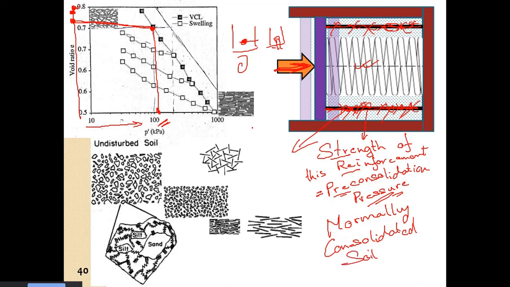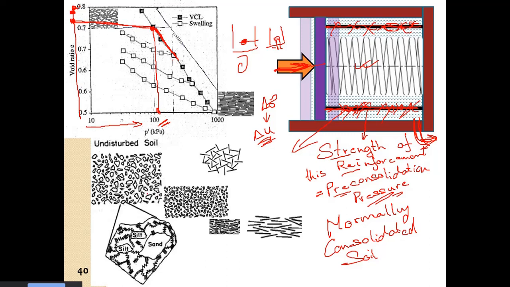So whatever load you apply, whatever delta sigma you apply, it will result in the same amount of increase in the pore water pressure, or if drainage is allowed, it will result in normal consolidation of the soil.